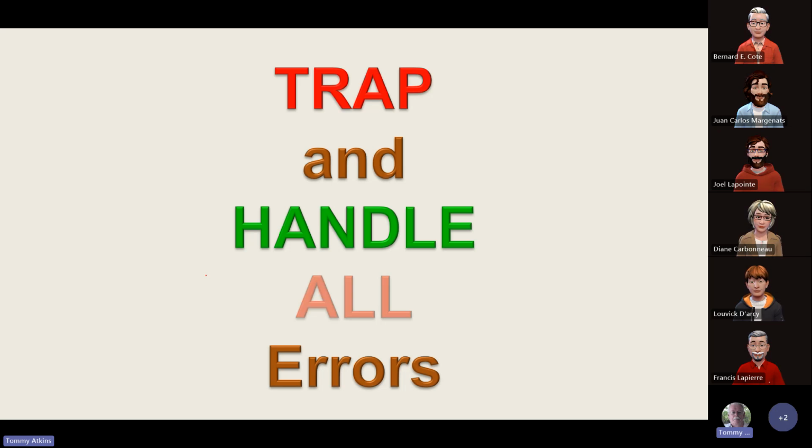You need to make sure you, first of all, can trap every error that occurs. That's important. And secondly, you must handle it in an appropriate manner. Now, handling it doesn't necessarily mean doing anything except moving it up the stack. And I'm going to show you that now.